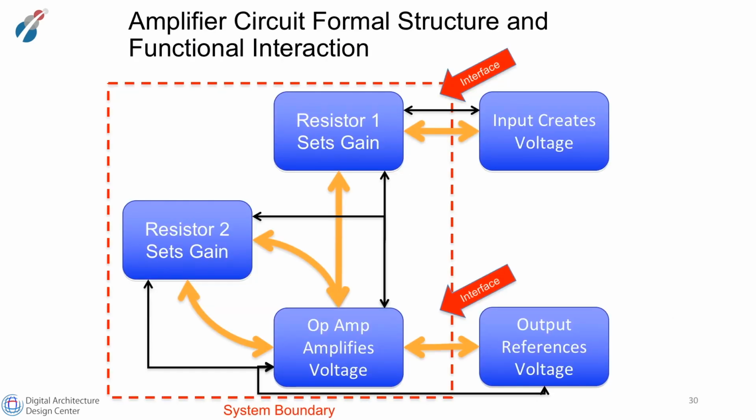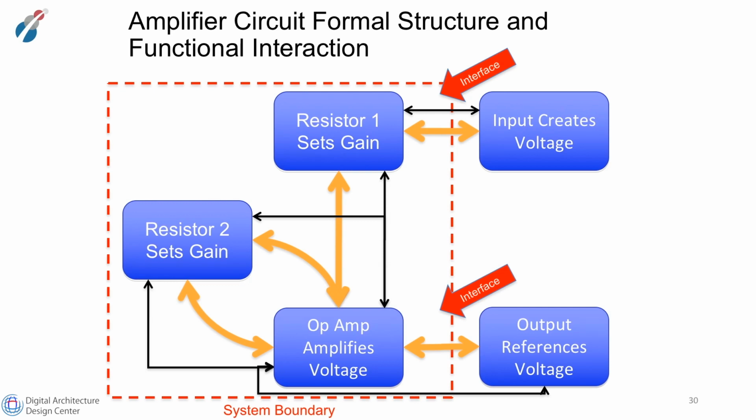And so if we look at the three examples that we looked at for the amplifier circuit, we now have our resistors, our op-amp, and we have the structural and the functional relationships inside the system boundary. And then we have our input and output terminal.